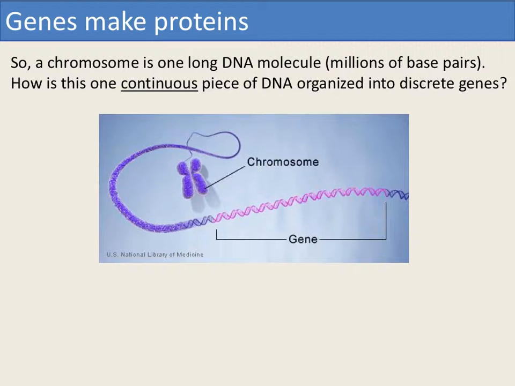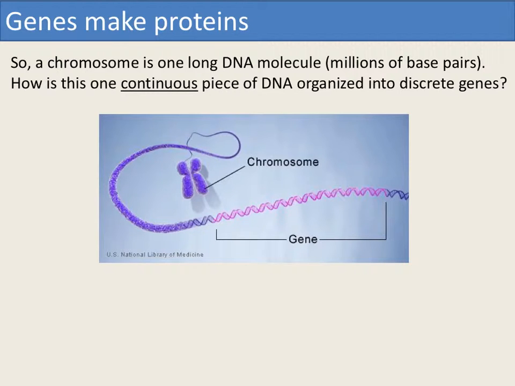Okay. A chromosome is a long DNA molecule. In fact, in terms of all our chromosomes, there's like 3 billion base pairs. Not all of those base pairs code for a specific protein. So a gene is actually a part that codes for a specific protein.